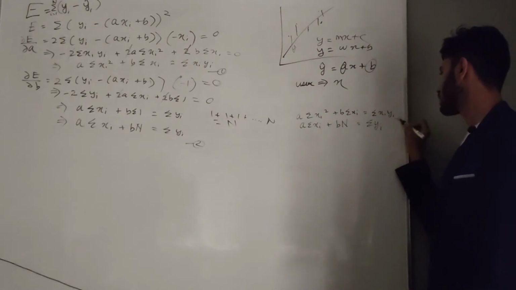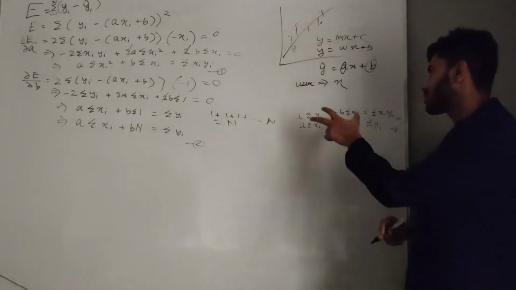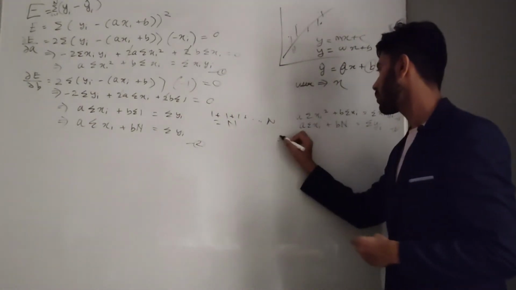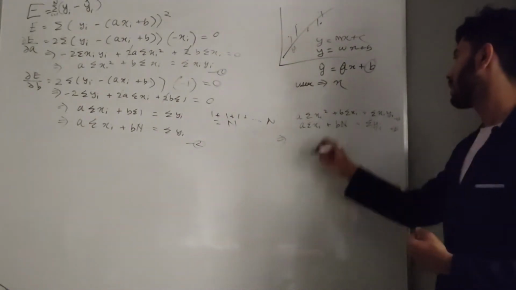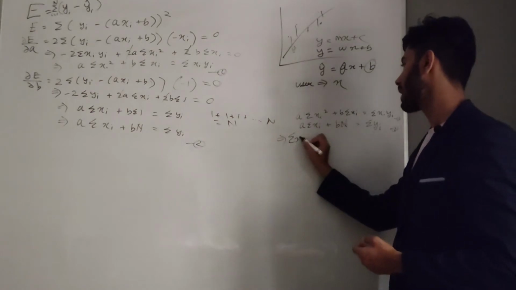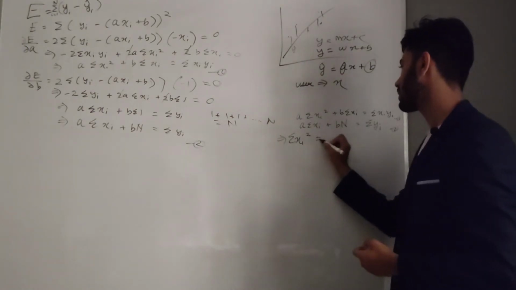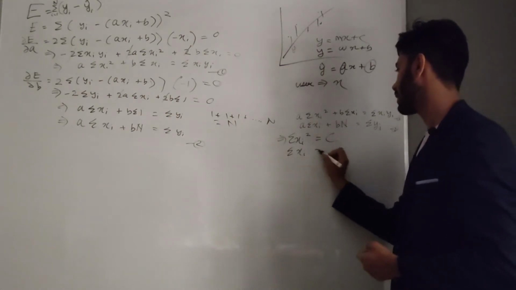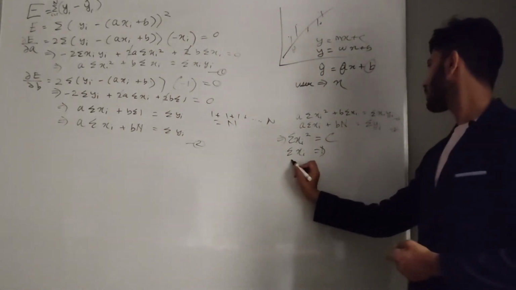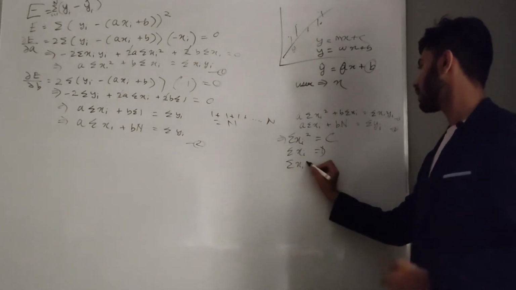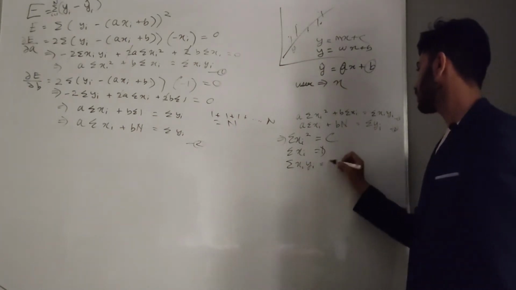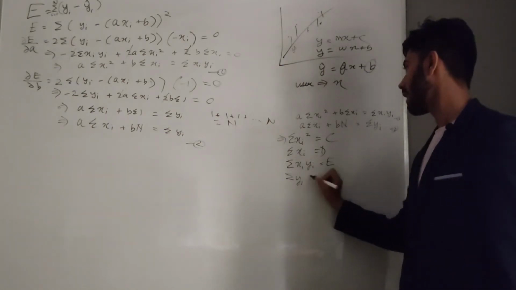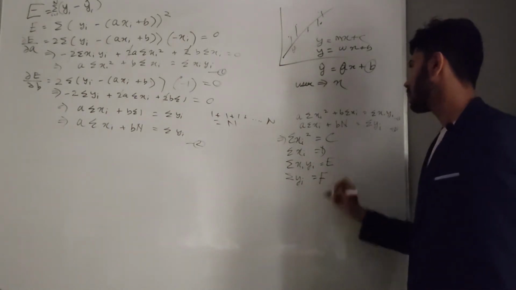These are my two equations, and since these two equations are a little painful to our eyes, what I'm going to do is substitute the values. So I'm going to write summation of xi whole square as c, summation of xi as d, summation of xi yi as e, and summation of yi as f.